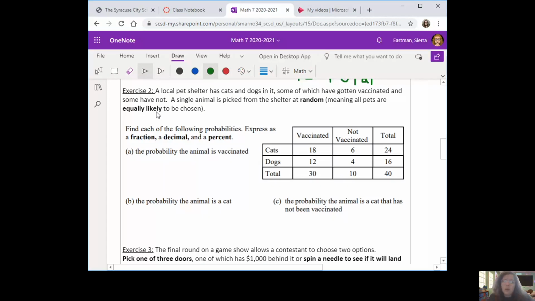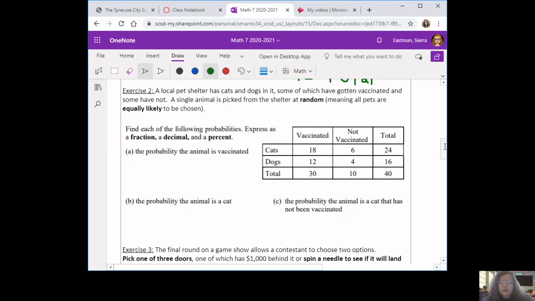Okay, one's not more likely than another, they're equally likely. And then we can figure out what each event is to find that numerator for our probability. Okay. They do say express each as a fraction, decimal, and percent. We'll go ahead and do that once we have our first answer, right? Once we have that fraction.